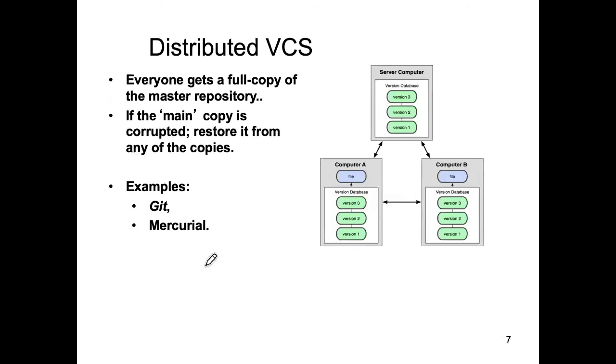The other model then is a distributed model. And in this model, every single team member's local computer has a copy of the master, if you like. They have a full copy of the repository, every single one.